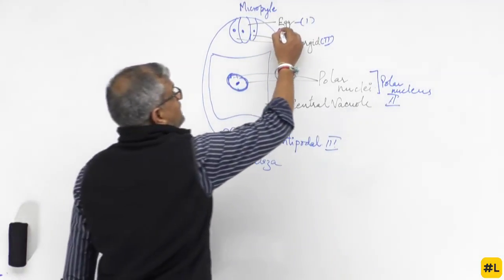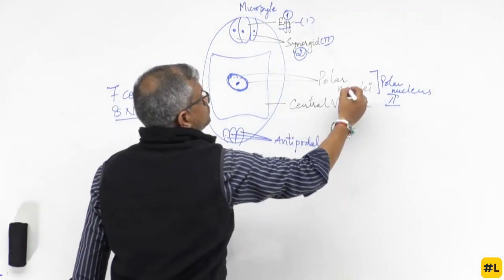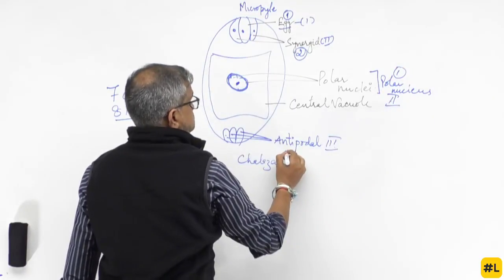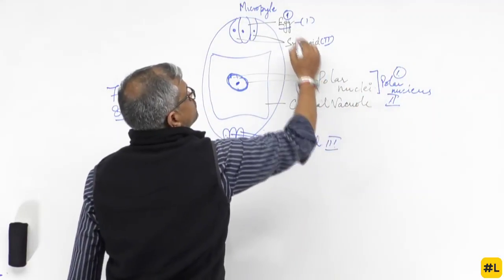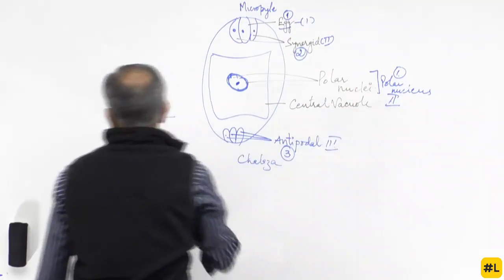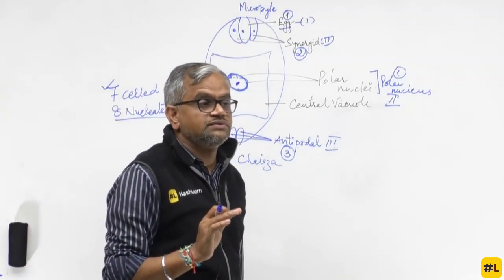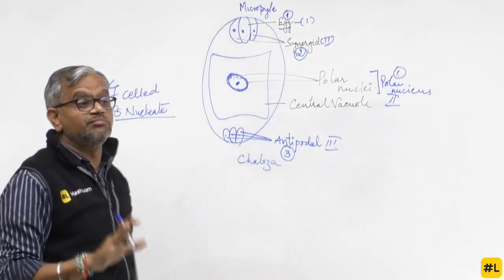Egg is 1, synergids are 2, polar nucleus is 1, and antipodals are 3. 3 plus 1 plus 2 plus 1, it is 7-celled 8-nucleate stage. The 7-celled 8-nucleate stage is an embryo sac.